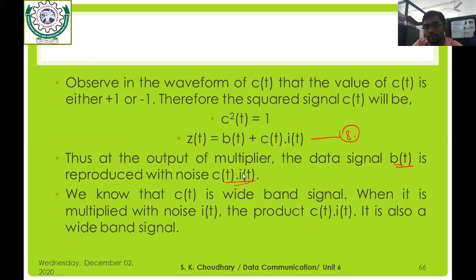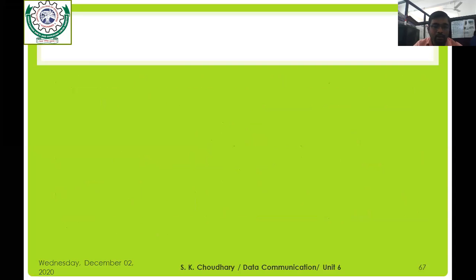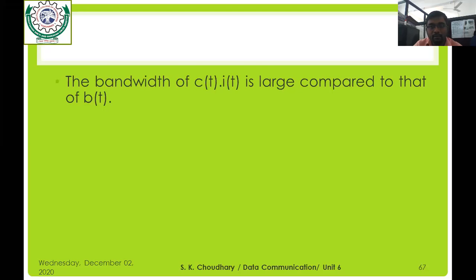And we know that c(t) is a wideband signal. When it is multiplied with the interference i(t), the product c(t) i(t) is also a wideband signal, because the interference is multiplied with this PN sequence. The resultant signal would again be a wideband signal, meaning the bandwidth is very high. This signal is further passed through the integrator.